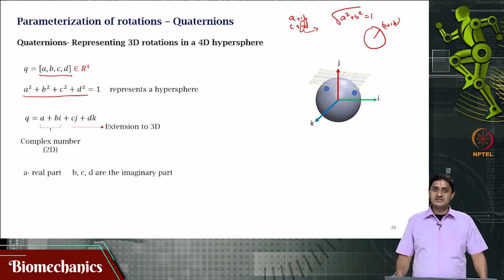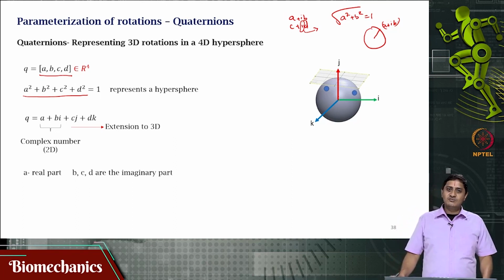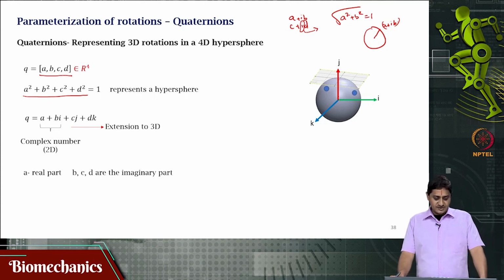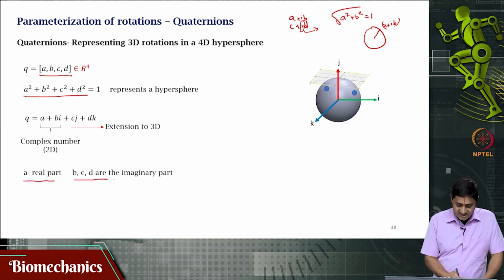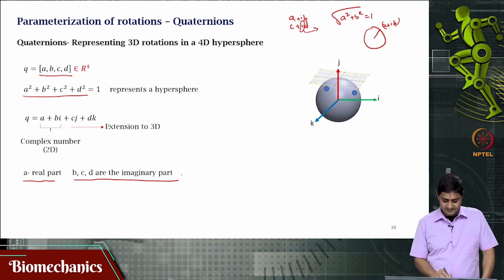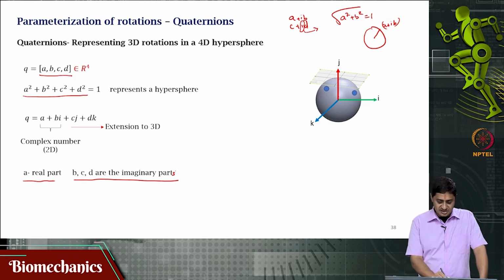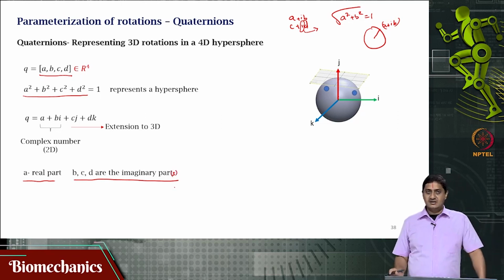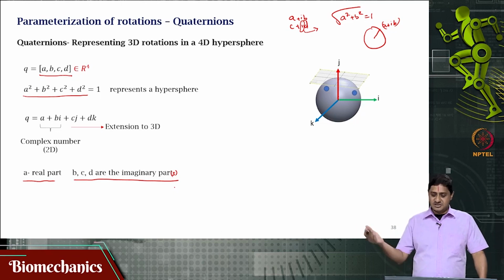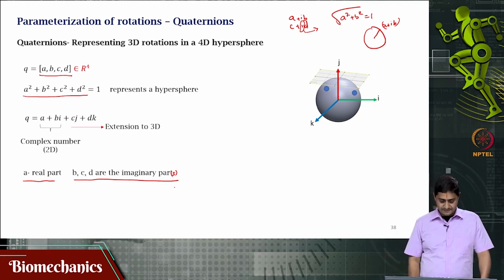Like you are having this for the unit circle, this is what would happen when you have a 4D hypersphere, and all of these quaternions are points on the surface of this hypersphere. So, in this case, a alone is the real part and b, c, d are imaginary parts. So, this is the extension to 3D of this complex number representation.